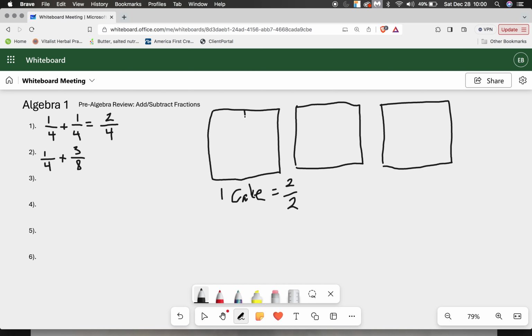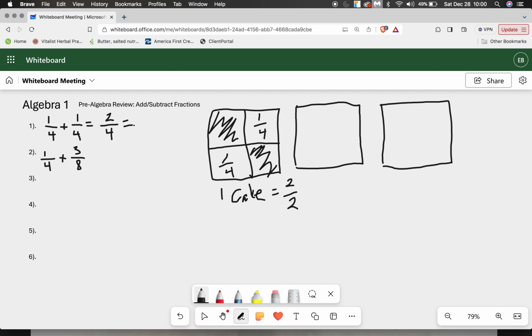Let's draw it out over here. We had 1/4 right here. And let's say for some reason people were weird and they ate this side of the cake, but they left this one. So we have 1/4 plus 1/4, which equals 2 pieces, 2/4.